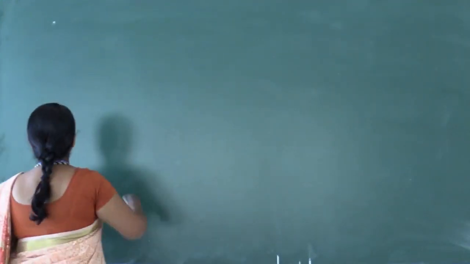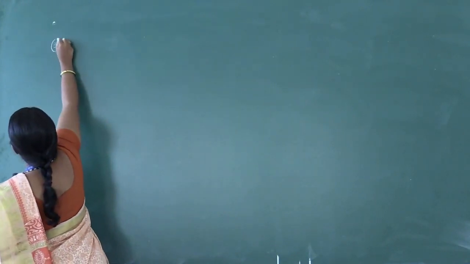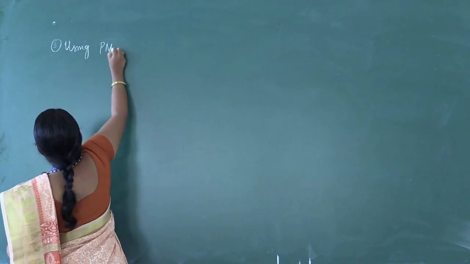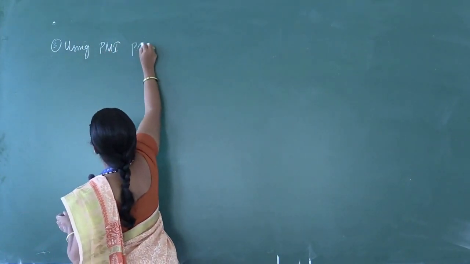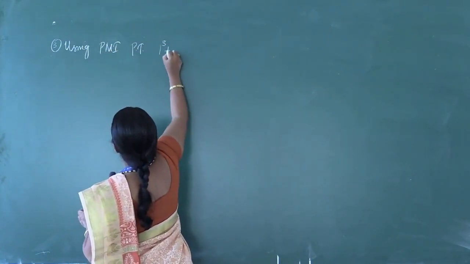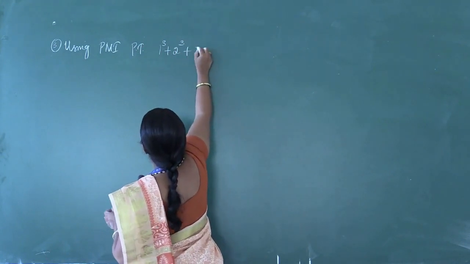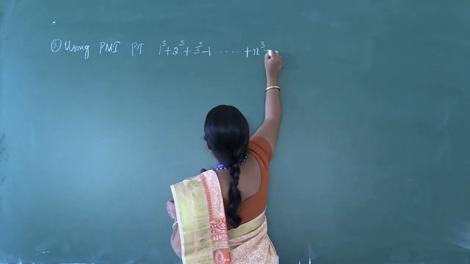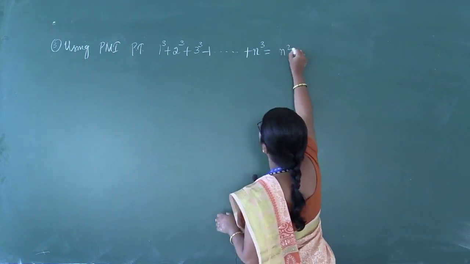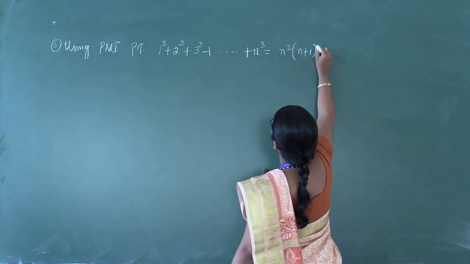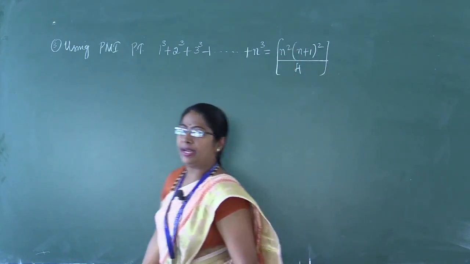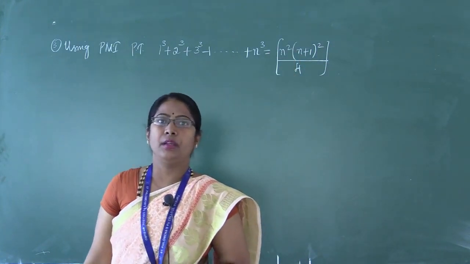Moving on to the third problem. Using PMI, prove that 1 cube plus 2 cube plus 3 cube plus etcetera plus n cube is equal to n square into n plus 1 whole square, complete thing divided by 4.